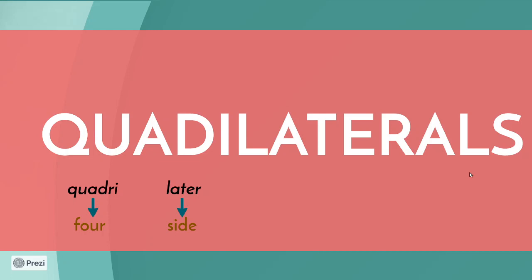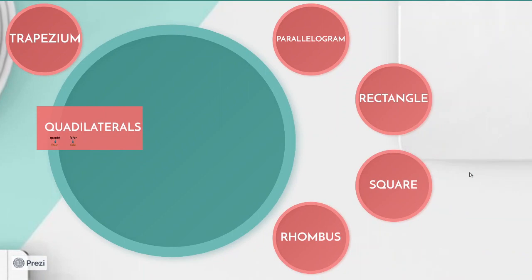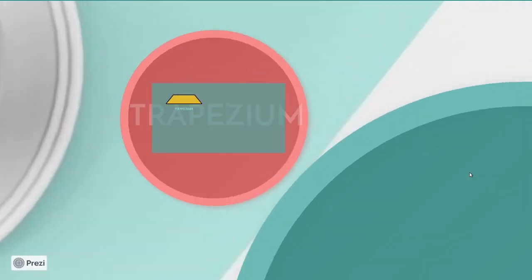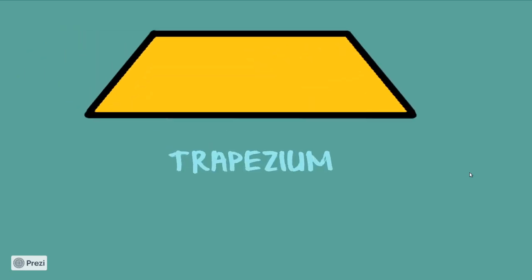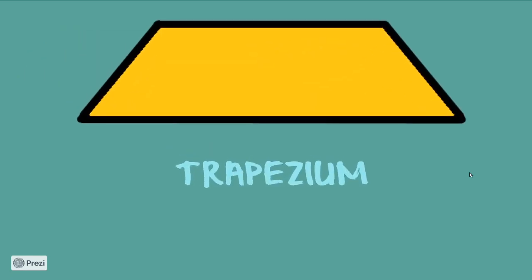Okay, so there are various quadrilaterals that you have already seen around you in maths and elsewhere. Now we will start with the shape trapezium. I don't know how many of you are familiar with this, but let me tell you what the meaning of that word is.